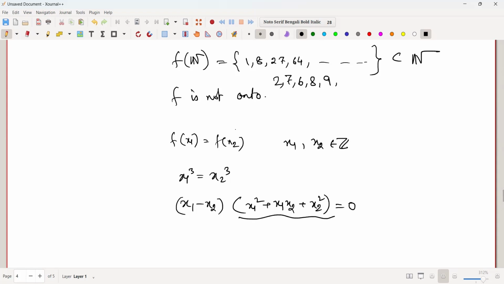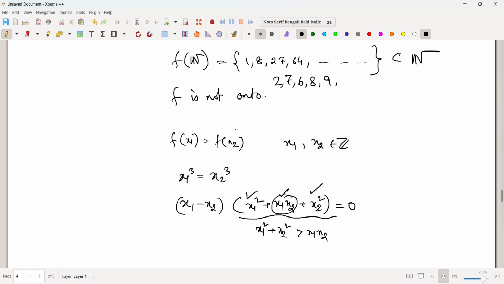Now again, the first factor is positive, and this quantity may be negative or positive. But x1 square plus x2 square is greater than x1 x2.